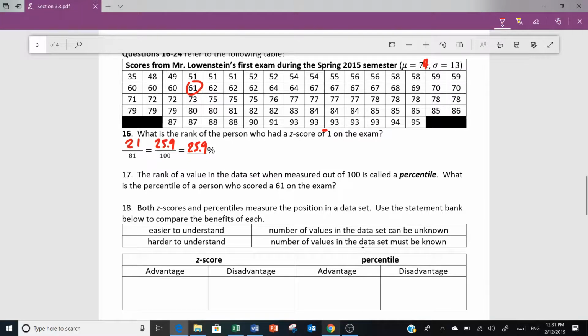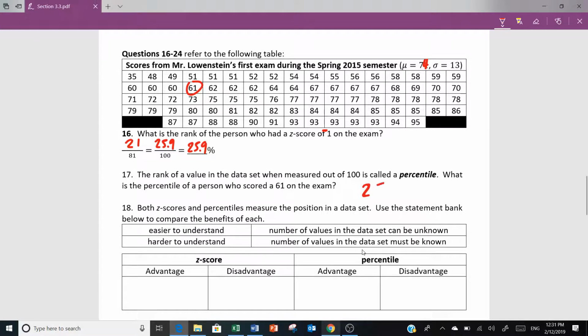The percentile just means if you convert it to out of 100, or you convert it to a percent, it's just the 25.9. So the answer is just the 25.9th percentile.